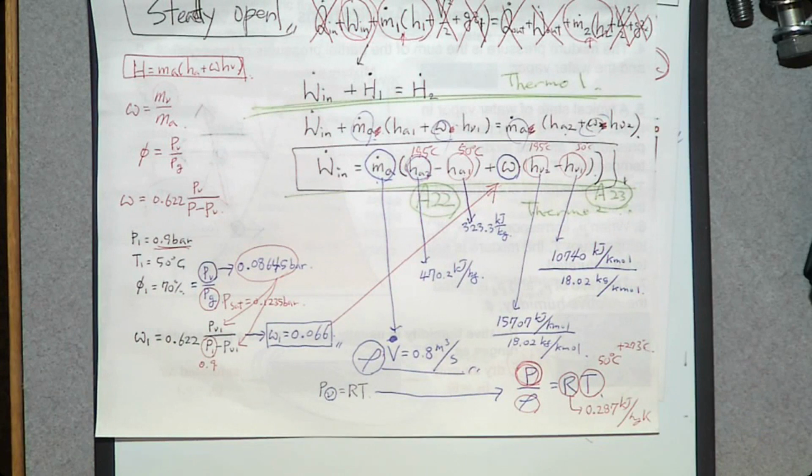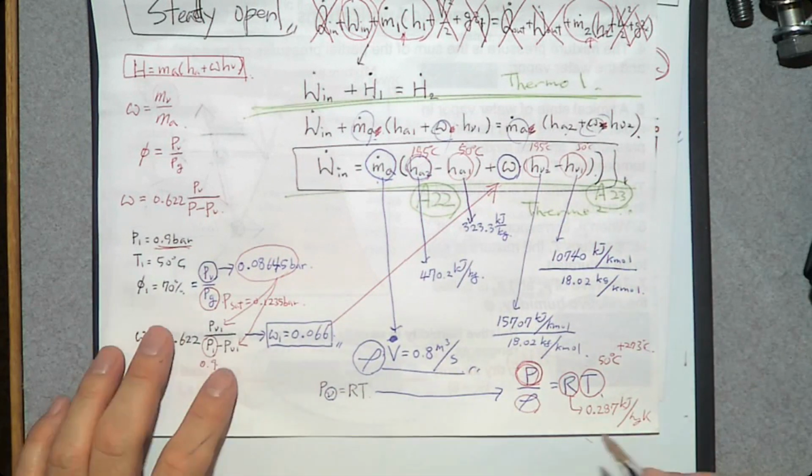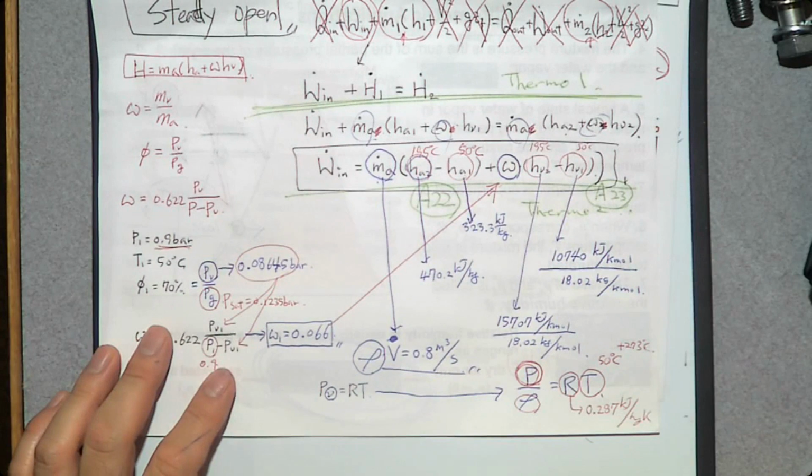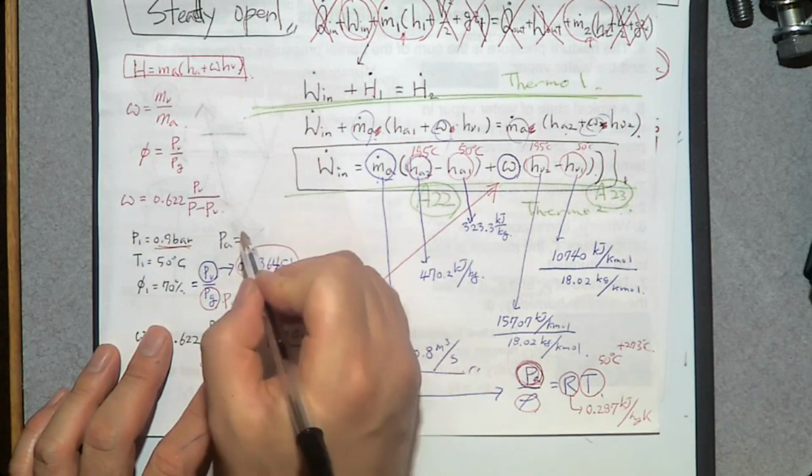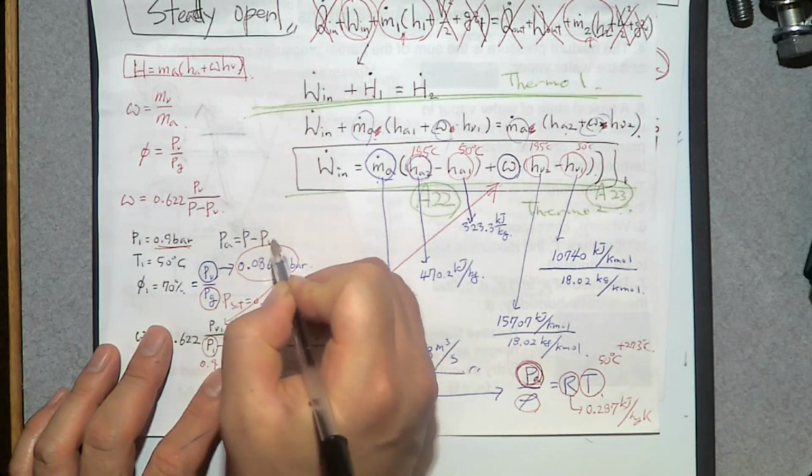You can't. Then what pressure should we use? Not this one, but the partial pressure of dry air. And how do you get the partial pressure of dry air? PA is P minus PV.